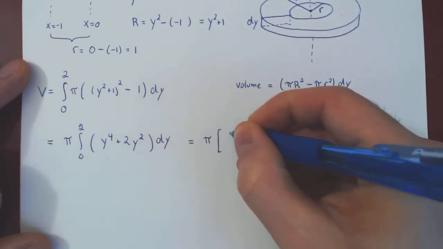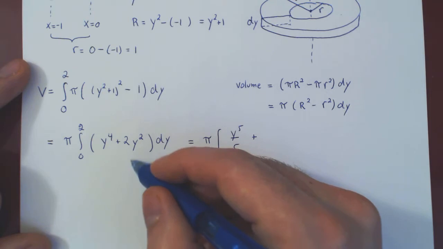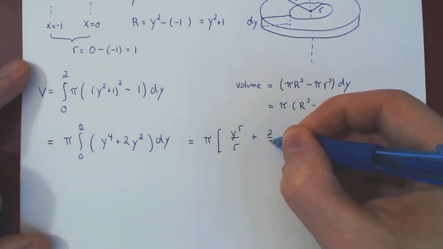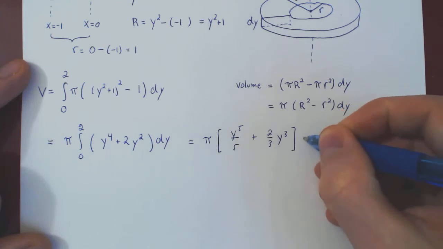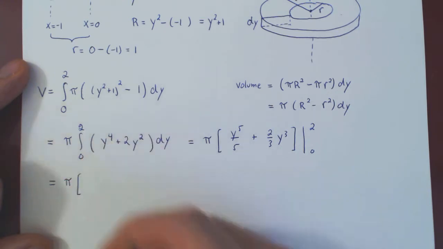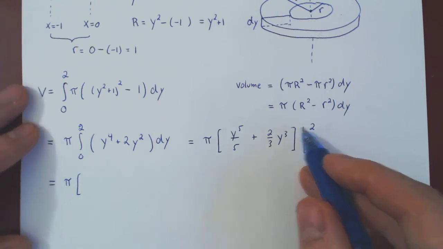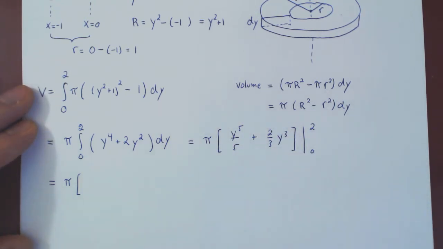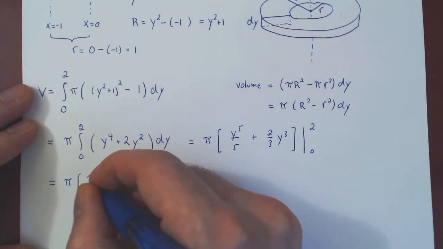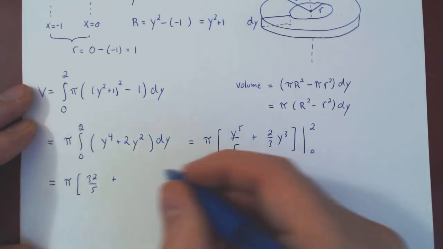To find our antiderivative, we'll get y to the 5 over 5 plus y cubed over 3, so we'll have 2/3 y cubed. And we must evaluate as y goes from 0 to 2, pi times. So we evaluate our antiderivative when y is 2. 2 to the 5 is 32 over 5, plus 2/3.